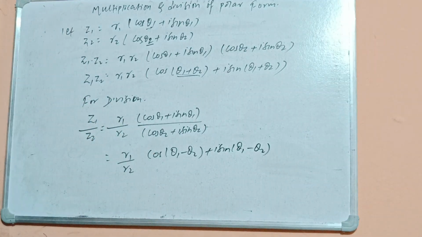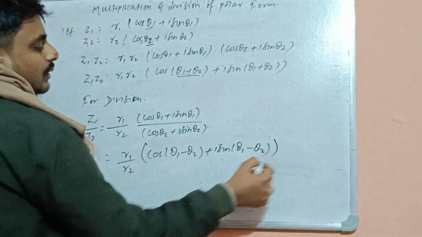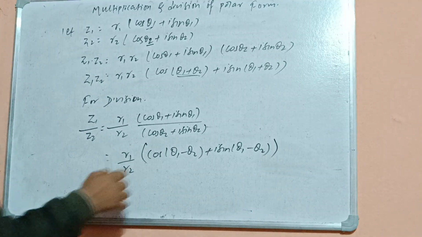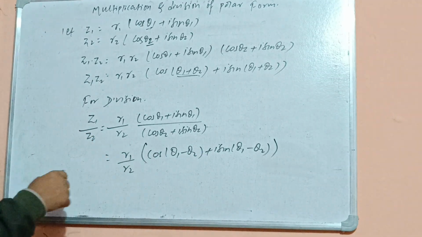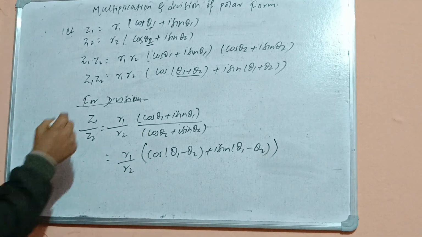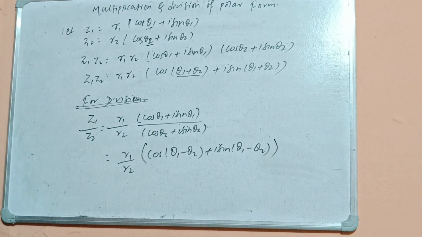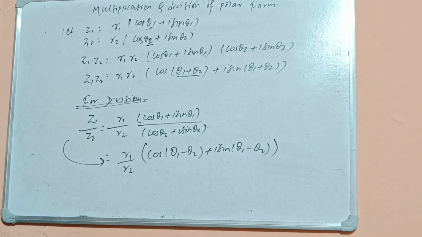On simplification, we get cos (theta 1 minus theta 2) plus i sin (theta 1 minus theta 2). If we perform a division of two complex numbers, therefore the result will be of this type.